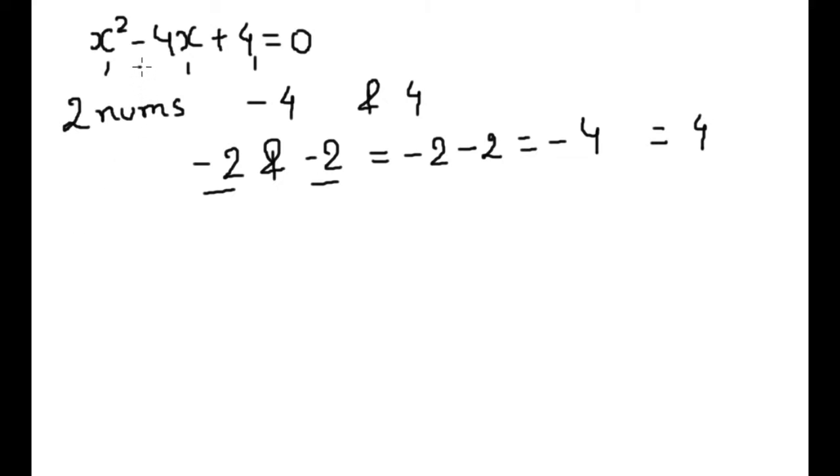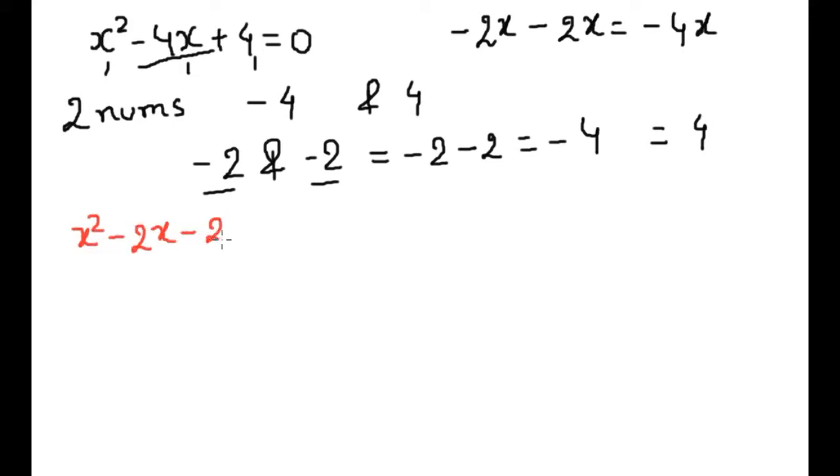So we can write minus 4x as minus 2x minus 2x. So now we will write here x squared minus 2x minus 2x plus 4 is equal to 0.